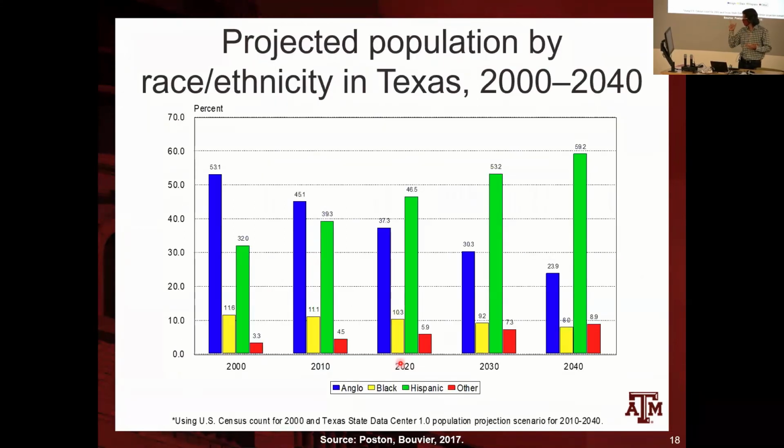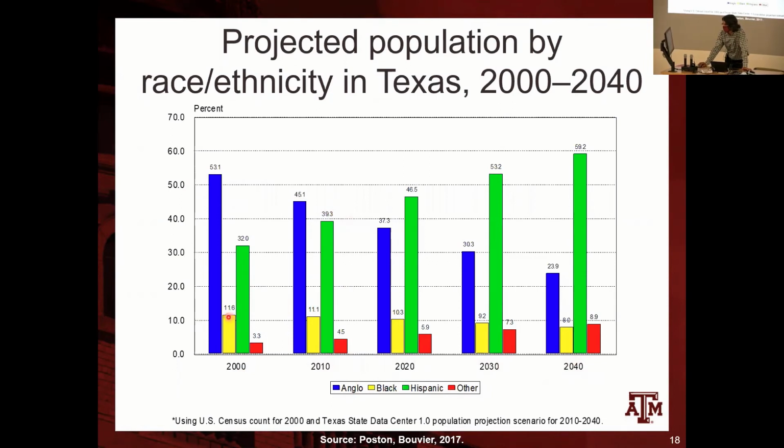And this is the projected population by race ethnicity in Texas. Here it's showing the non-Hispanic white, non-Hispanic black, the Hispanic population, and all other groups together in red. And you see the decline in the non-Hispanic white population from 53% in 2000, expected to be around 24% in 2040.